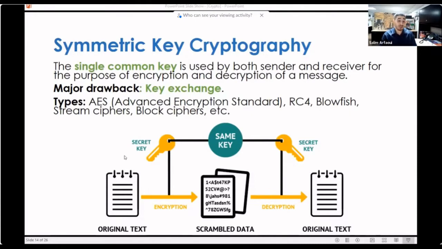Another drawback of this is that if you're using symmetric key crypto and you're communicating with like 1,000 people, you have to establish a shared secret key with 1,000 people, because you have to make sure you establish a key with every single one of those people.